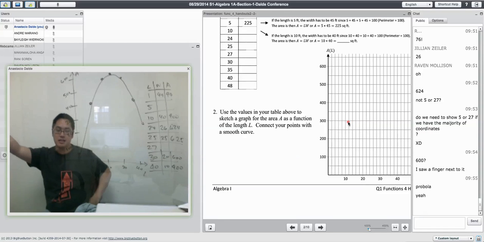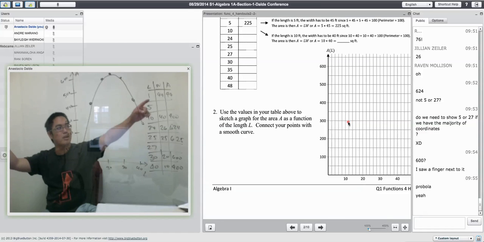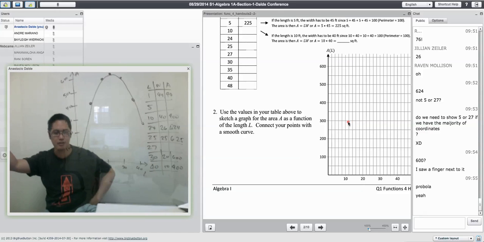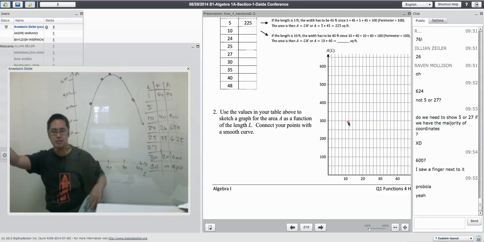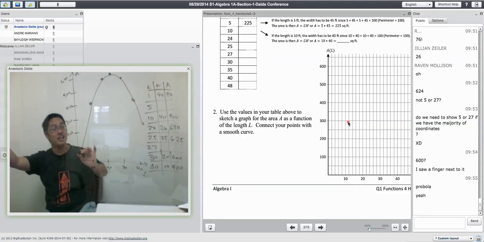Like say that Malama Aina wants to build the largest amount of square footage for her garden as she possibly can. Well, she wouldn't build a 1 by 49 foot garden. She would build a 25 by 25 foot garden. Does that make sense to you? And you can see that because the area is biggest here.